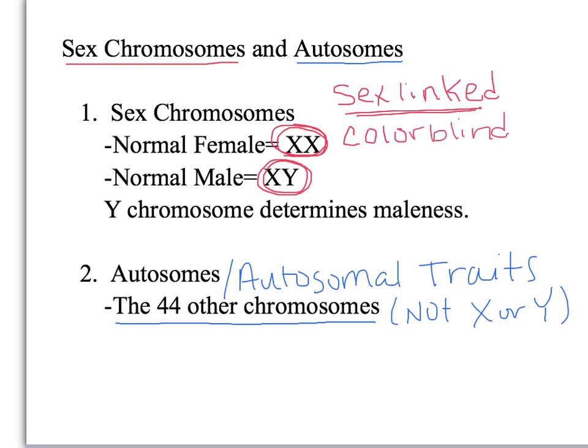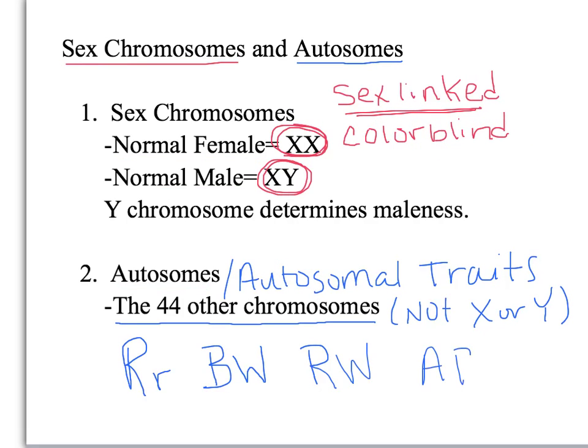When we did our Punnett squares, we had a dominant and a recessive allele, or co-dominant alleles, or incomplete dominance. Those are those multiple alleles, right? A, B, and O. These are all traits that were found on our autosomes, or other 44 chromosomes.